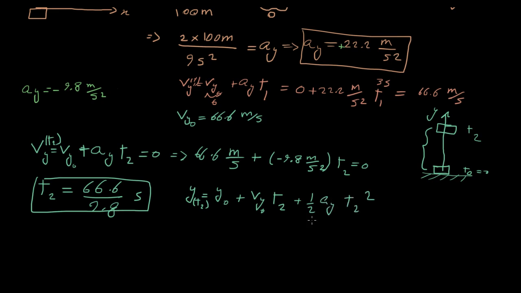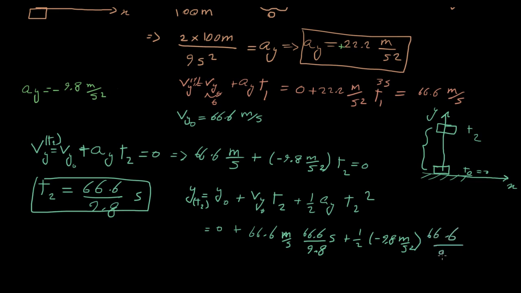For the second problem, I have moved my x-axis here, so y naught is 0 again, plus vy naught we just found, 66.6 meters per second times t2, which is 66.6 divided by 9.8 seconds, plus half times minus 9.8 meters per second square times 66.6 divided by 9.8 seconds square.